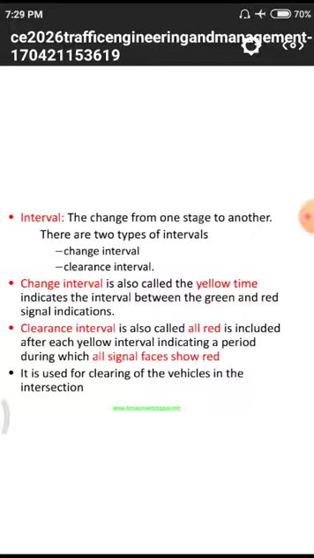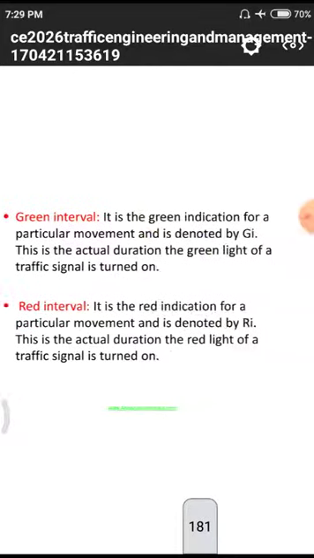Before turning from green to yellow, they go through some change interval, and the total time required to convert to red signal is called the clearance interval, so that all the signal phases show red. It is used for clearing the vehicles in the intersection.